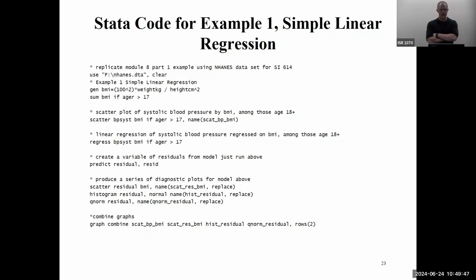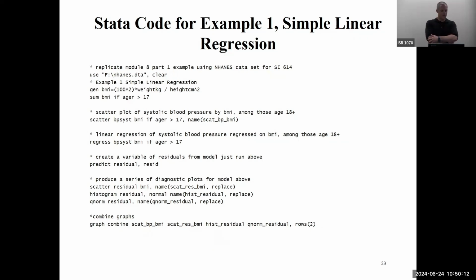So I start with a scatter plot of systolic blood pressure by BMI. So in this data scatter command, the first variable is really the y-axis variable. Second variable is the x-axis variable. Okay, when you're making a scatter plot, and again, I'm restricting that to people who are age 18 and above. Okay, so I start with that scatter plot. Then I fit my regression model, where again, simple linear regression.